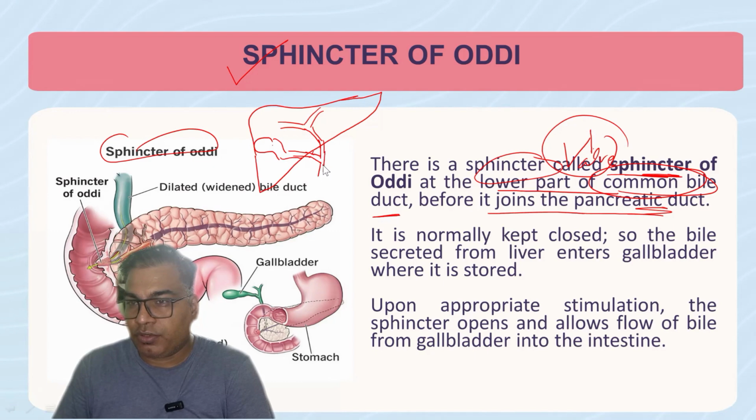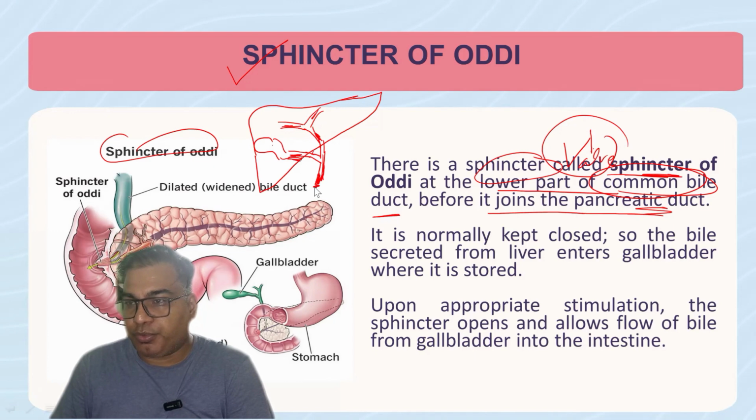This one is a common bile duct. Cystic duct, common hepatic duct, this one is the right or left hepatic duct, common hepatic duct, cystic duct, and this one is a common bile duct.